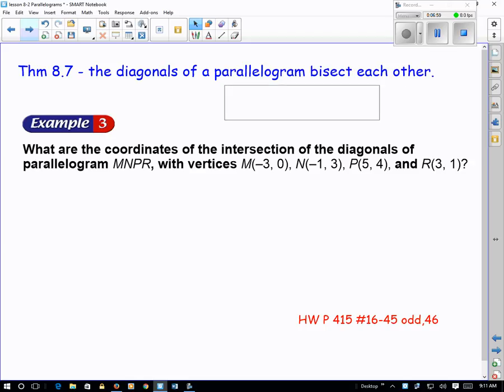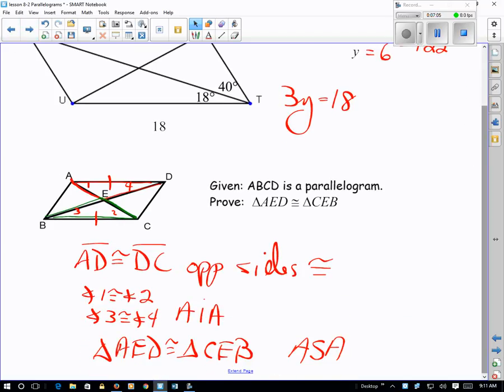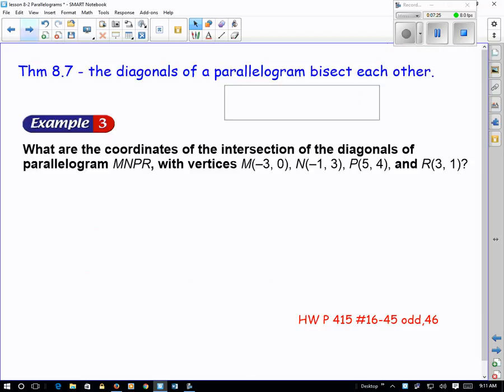Okay, going back to our other diagram for just a moment here, we see that by corresponding parts of congruent triangles being congruent, we have segment AE congruent to segment EC, and segment BE congruent to segment DE. So very easy to prove that once we've proven that those opposite triangles are congruent.